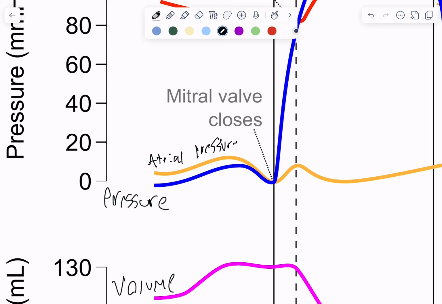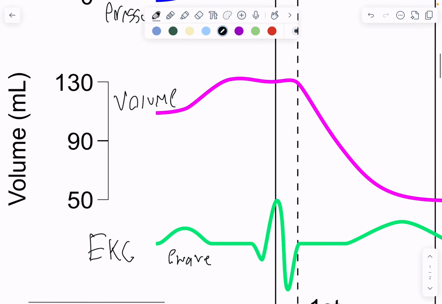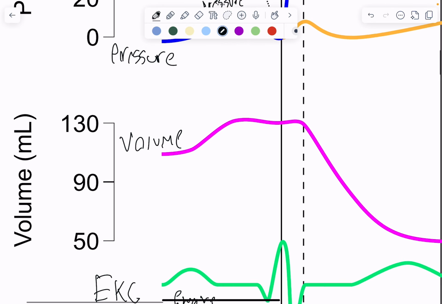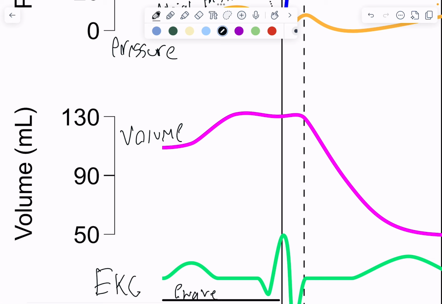Atrial pressure is indeed going up, so we can correlate those two, as well as the volume of the ventricles going up because as your atria are contracting, more blood is going into the ventricles, so that's proven.